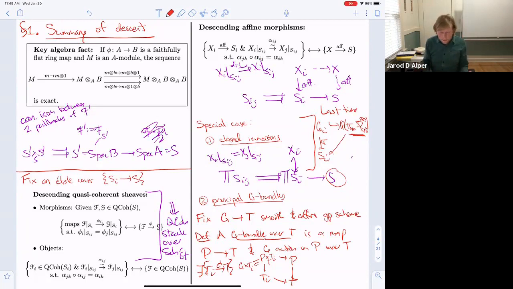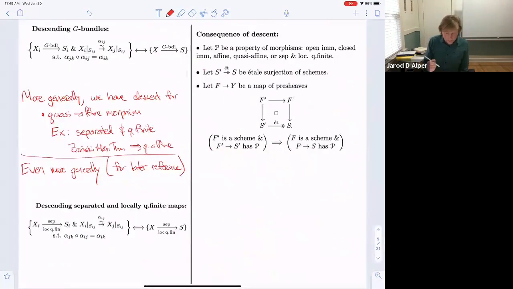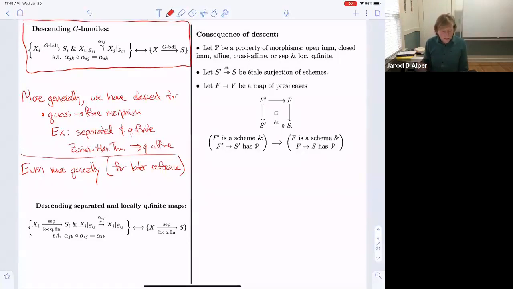And then the corresponding statement for descending G-bundles is the following. So in the upper left corner, we can descend G-bundles.